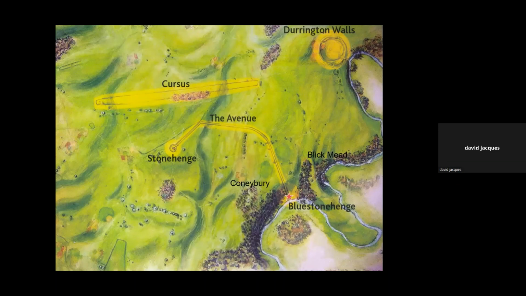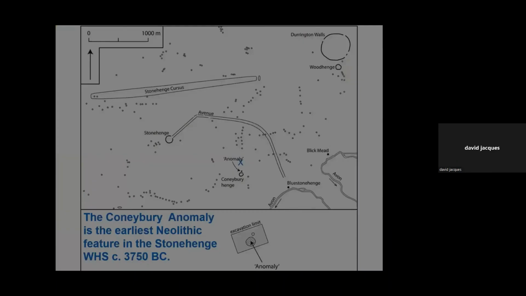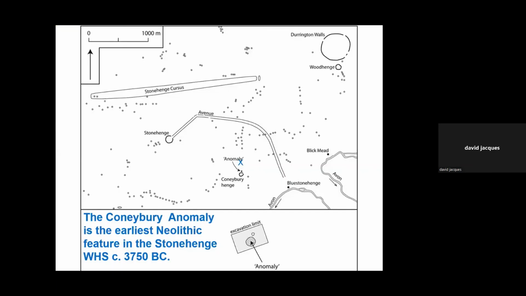I wanted to bring in some latest research as well, which is showing potentially that hunter-gatherers are still persisting a little bit further into the Neolithic in the area around Conabry. Now, the so-called Conabry anomaly, I've marked there with a blue X. It's about 1.5 miles from Blick Mead, up on a ridge.